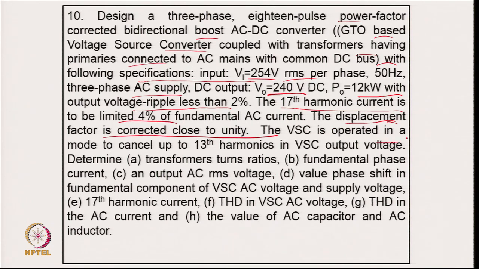The voltage source converter is operated to cancel 13th harmonics in the VSC output. Determine: A, transformer turns ratio; B, fundamental phase current; C, output AC RMS voltage; D, value of phase shift in fundamental component; E, 17th harmonic current; F, TAD in VSC AC voltage; G, TAD in AC phase current; and H, value of AC capacitor and AC inductor.